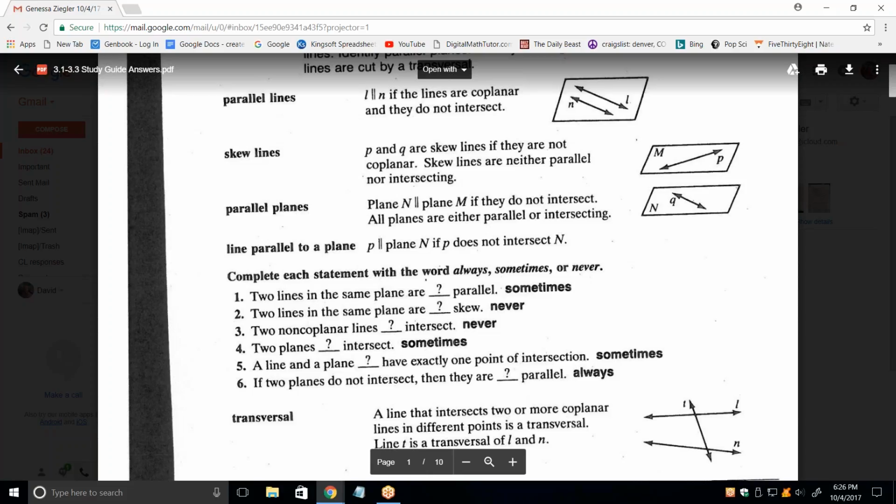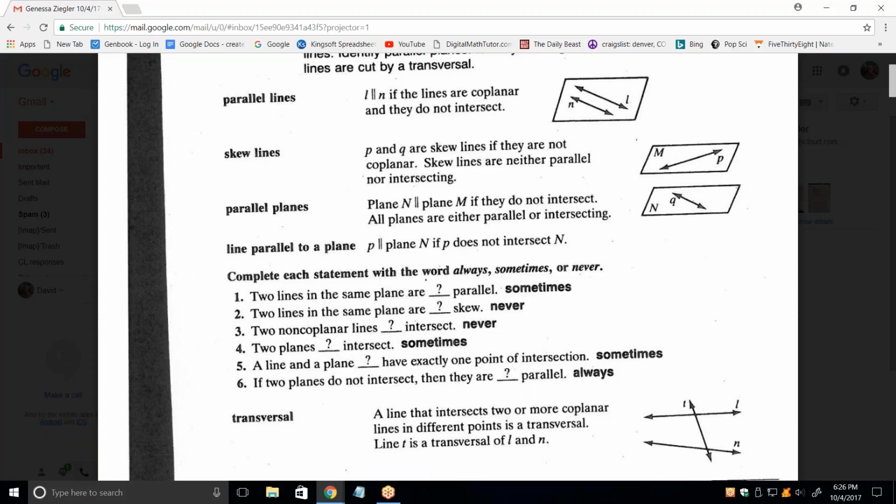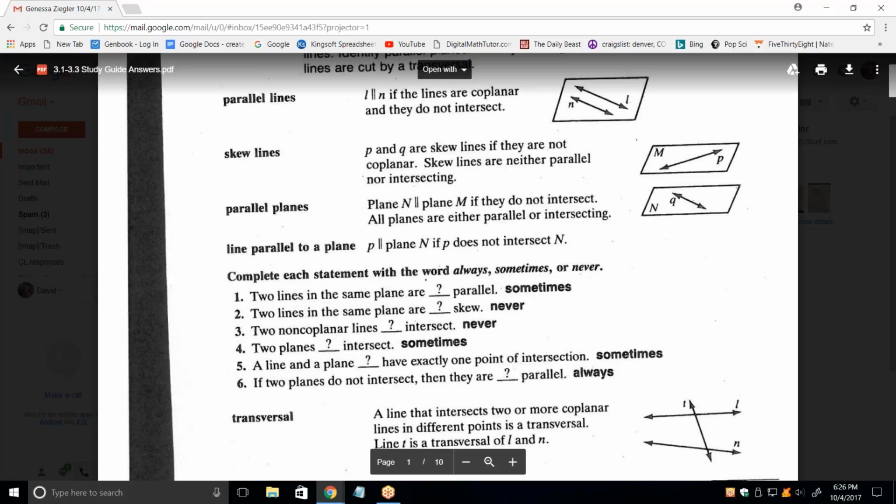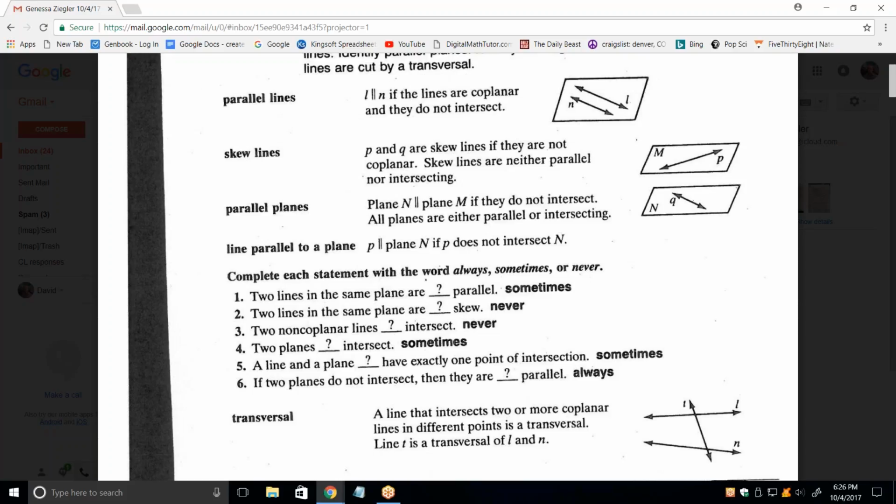The only time that's not true is if it's a skew line, if it's not in the same plane. I don't know how to draw it, so that's why it's not clear from the picture. But you need some sort of 3-dimensional view.